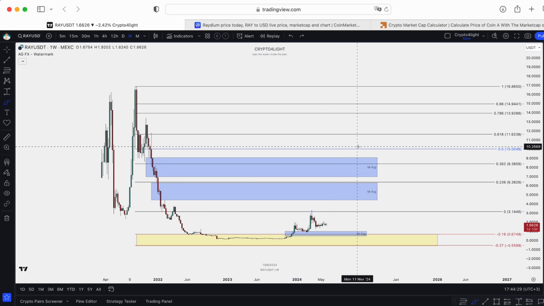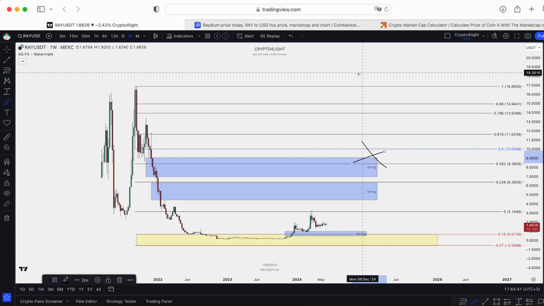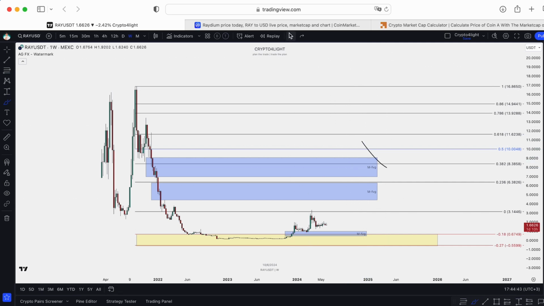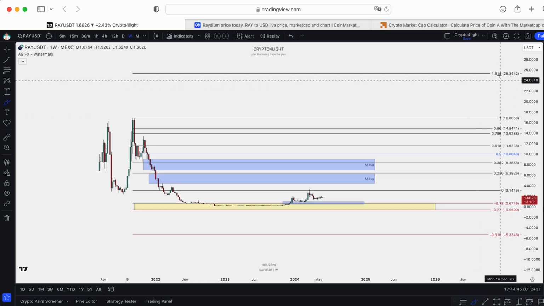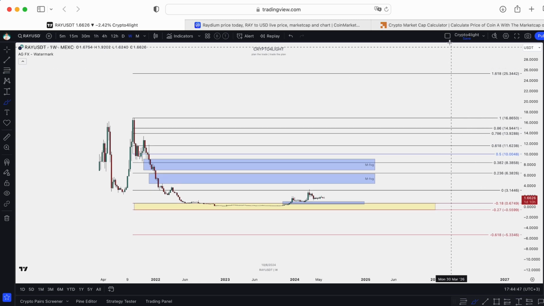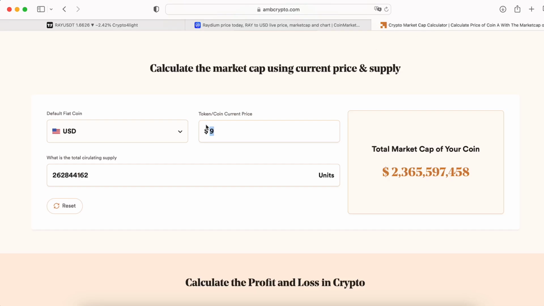So bullish targets are here. I'm more than sure we can hit $10 for Raydium, but it's just my subjective opinion, and it can be the end of the bull run. If you wait for a new all-time high for this token, it's $25. And $25 would be like a 6.5 billion market cap.